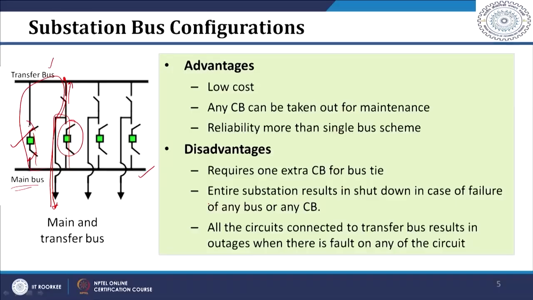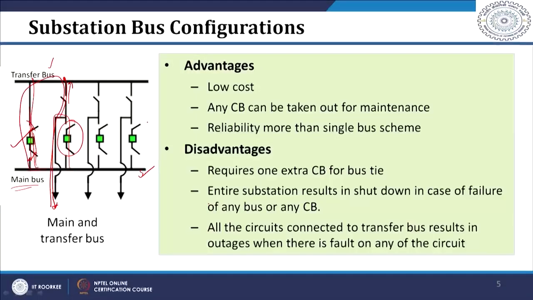In this case, both buses are to be connected in the circuit, because the transfer bus is basically just part of the main bus when this circuit breaker is closed. So whenever there is failure on one of the buses, both the buses need to be taken out of the circuit and the entire substation will go out of the circuit.